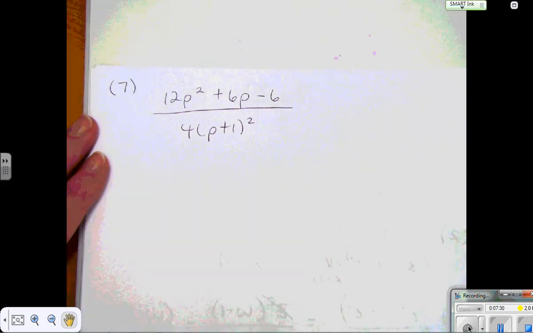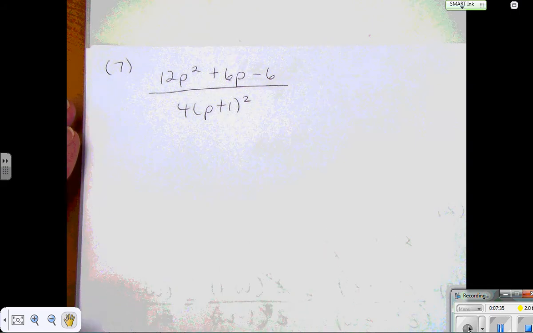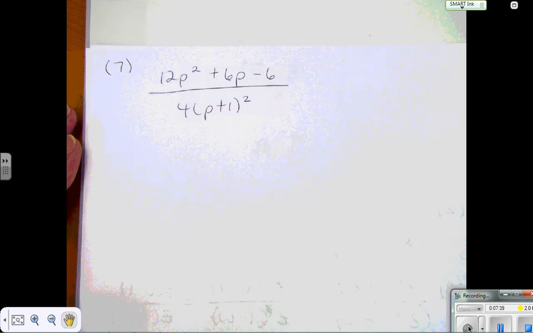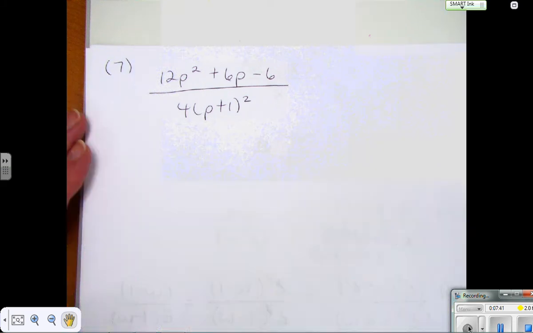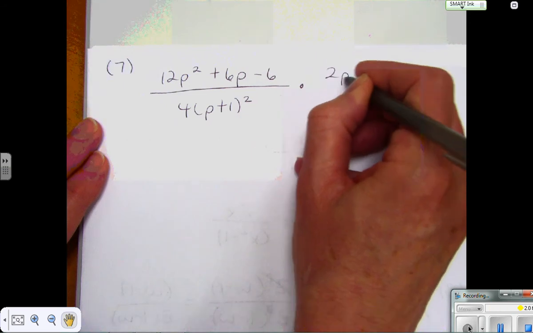Now, number 7 is a division problem. So when you have a fraction divided by a fraction, how do you do that? What do you do with the second fraction? You flip it over and you change it to multiply, right? So I'm going to change this to multiply, and I'm going to flip that second fraction over.